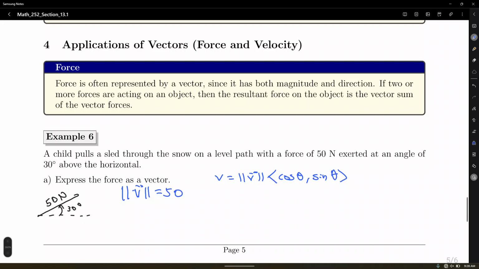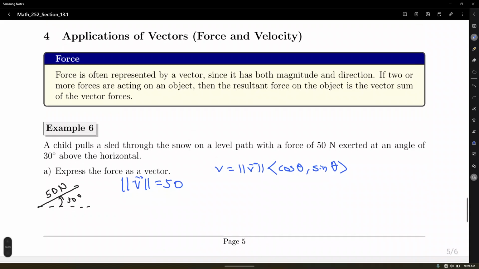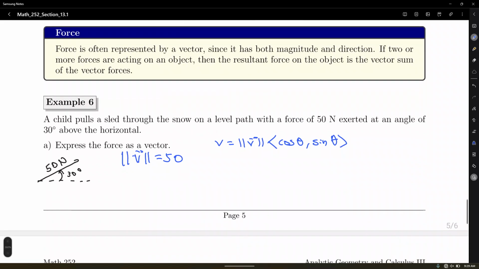In a way, we're describing vectors whose terminal points are points on a circle of radius 50. That's the geometric point of view. Now the physical point of view is to represent that force exerted by a child pulling this sled on the snow. So that is 50 times the vector cosine of 30 degrees, sine 30 degrees.